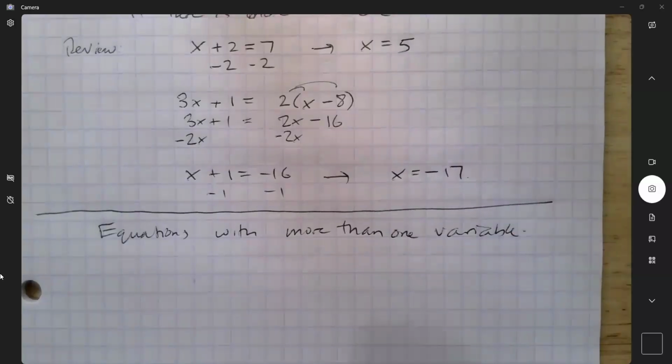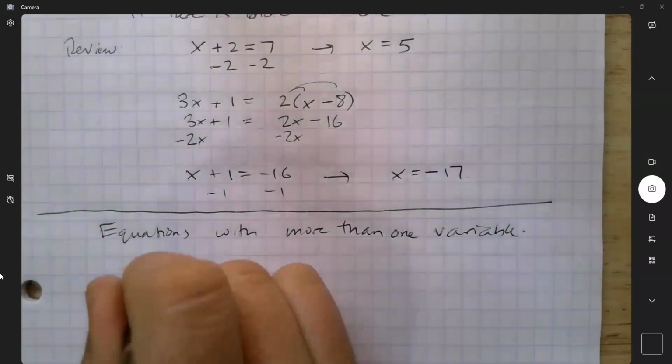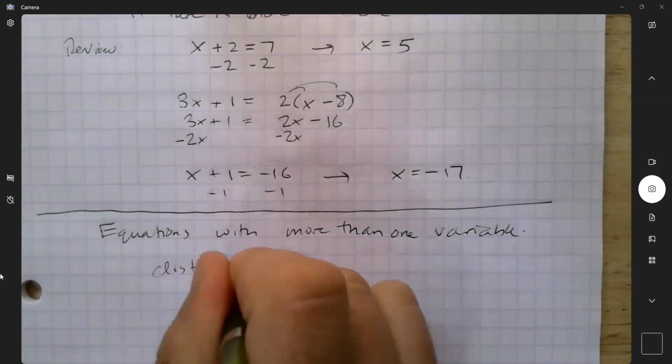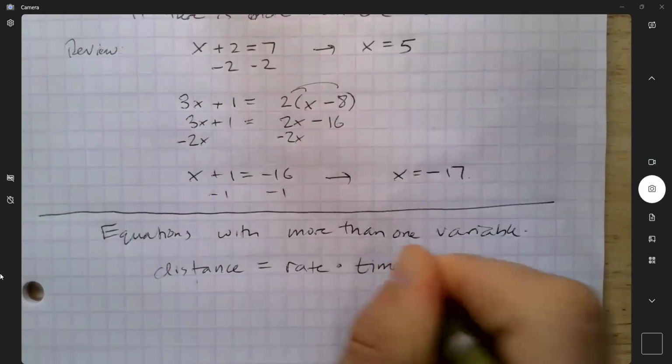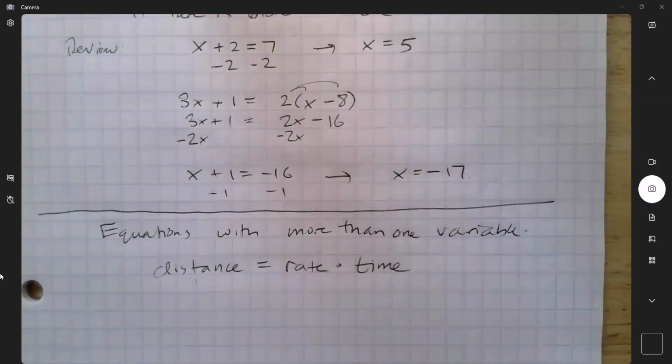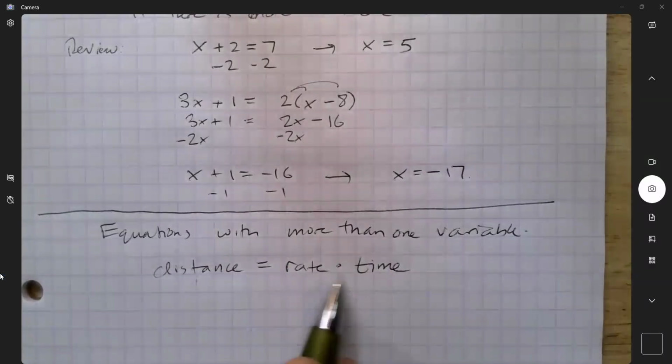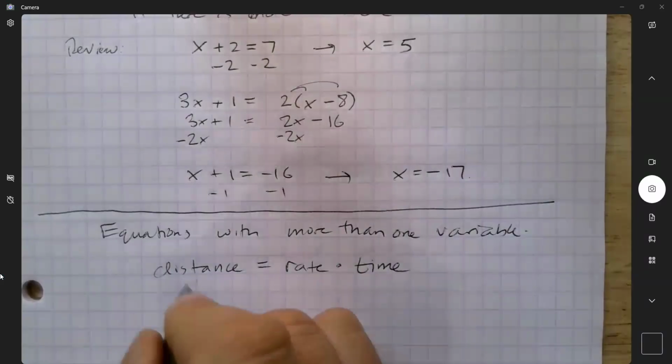A very common one that many of you may have seen before is distance equals rate times time. All three of these are variables. Maybe I know the distance, but I don't know the rate or the time. Or maybe I know the time, but I don't know the distance or the rate. Yet we still want to be able to write our equations solving for one variable.